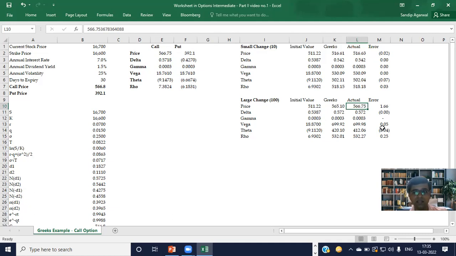So that's why I said that in case of a large movement, the price of an option, considering the changes in the various option Greeks, will give you an approximate value only, but it may not be exactly the same as derived from the live market, but it can give you a fair idea of what the option price should be considering the movement in the various option Greeks. Now we again restore it back to the same value, 16,600.